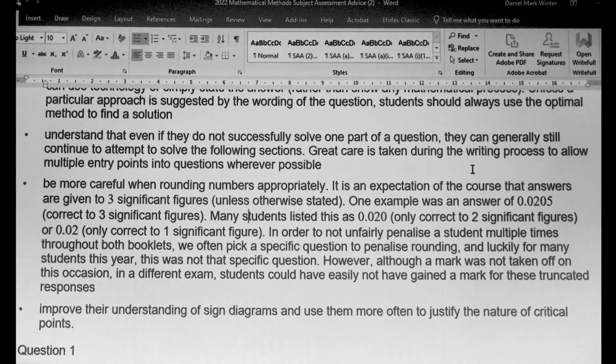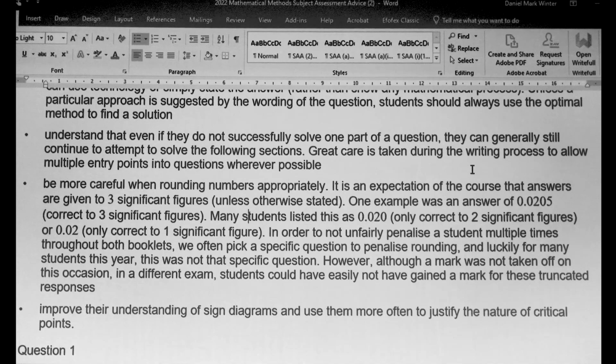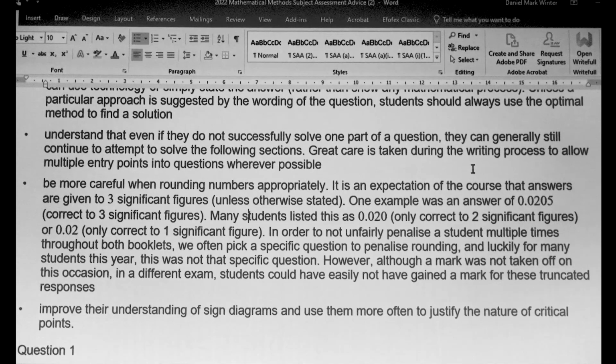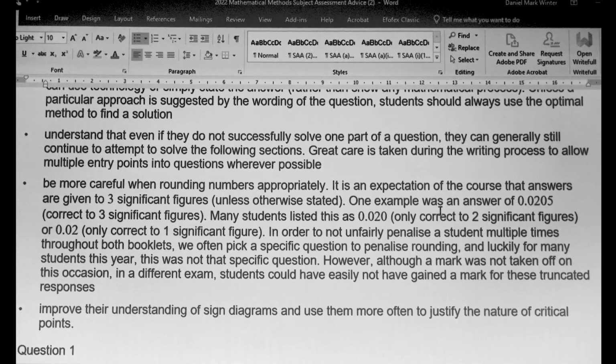So there's no point saying, oh, why would you ping it there, or did you not? Somewhere in there, they will get pinged if they don't do the right rounding. Some kids might get pinged, but have done it correctly everywhere else, and that just happened to be the question, so be it. So get them trained up. 3 significant figures, which doesn't mean 3 decimal places. I have to train my year 12s all the time about that. 3 sig figs, or as listed in the question, please.